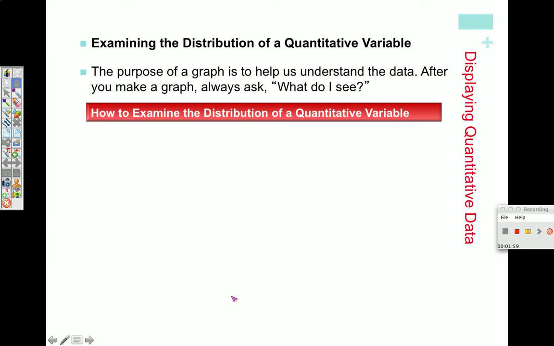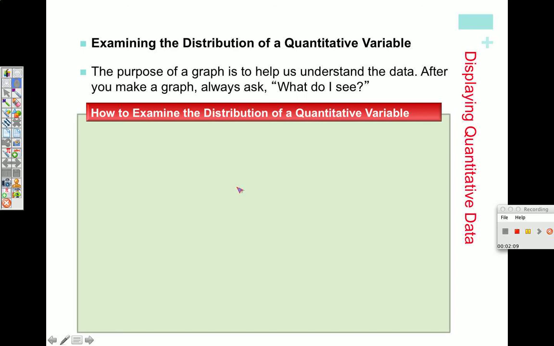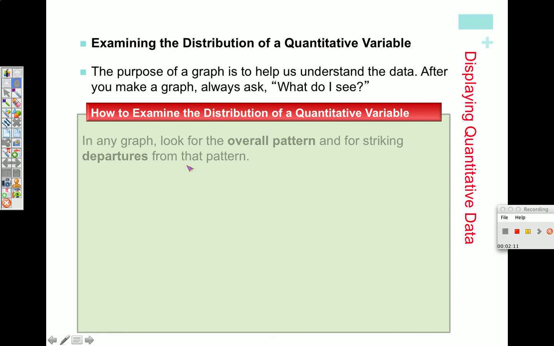When we want to look at the variable on a graph, we want to know, what do we see? What is this showing us? Why do we care? So the way we look at any graph is we should look for a pattern and departures from that pattern.